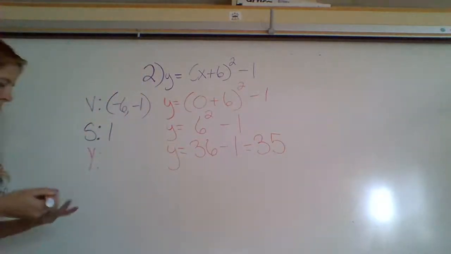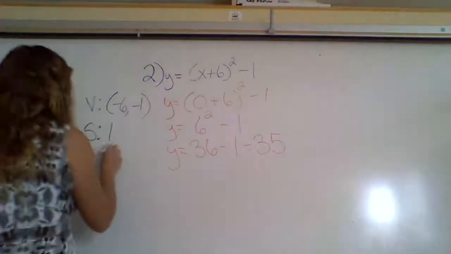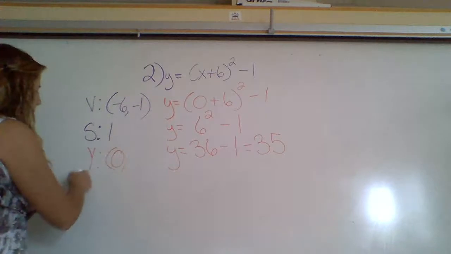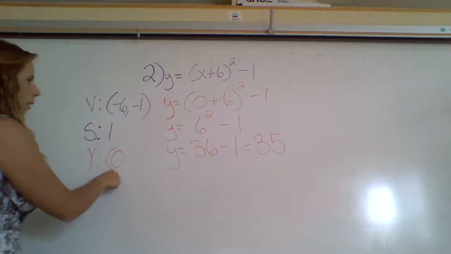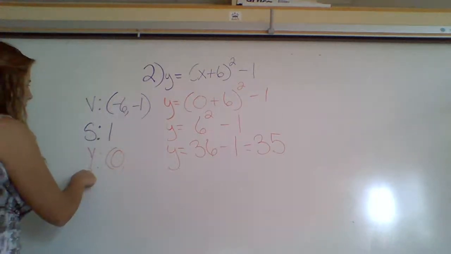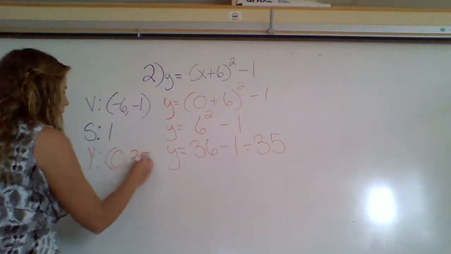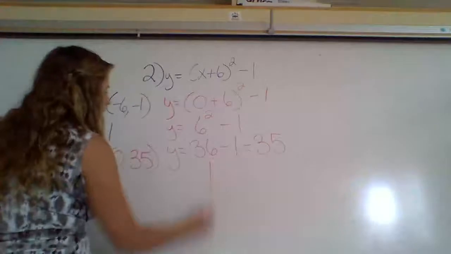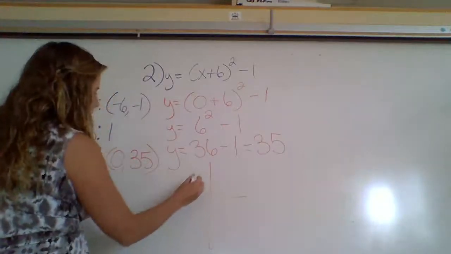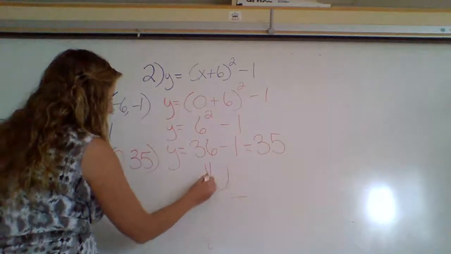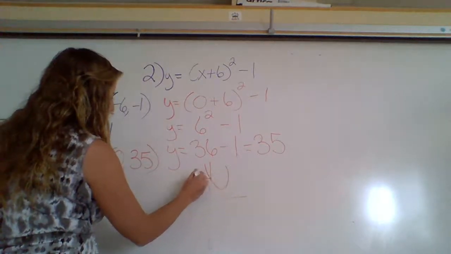So if it's a y-intercept, x is always 0, and y is 35. That means if you were to graph this, it would intersect at 35.